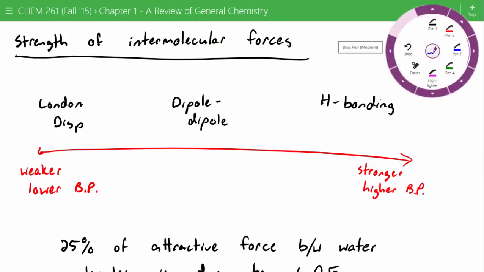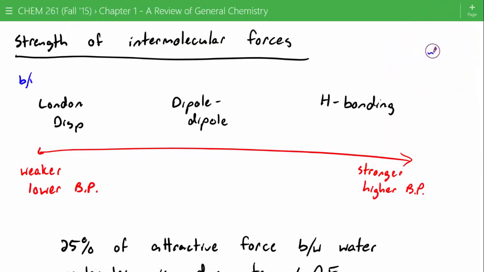This is always between nonpolar molecules or atoms. So let's say we've got helium. Helium by itself is always going to be nonpolar. And so in this case, if we have two helium atoms next to each other, they're only going to exhibit London dispersion forces.